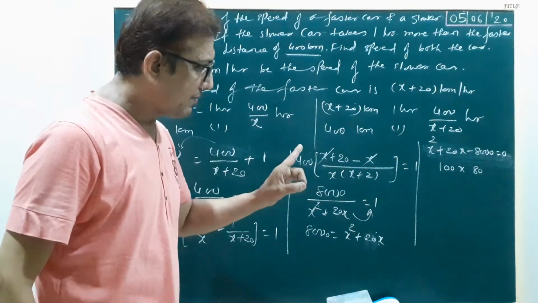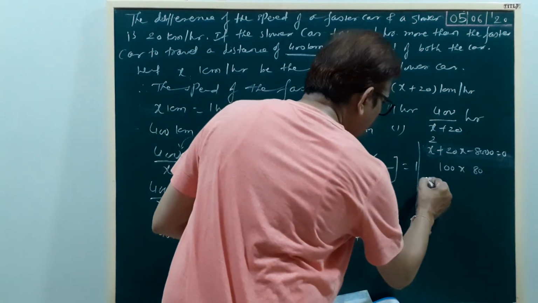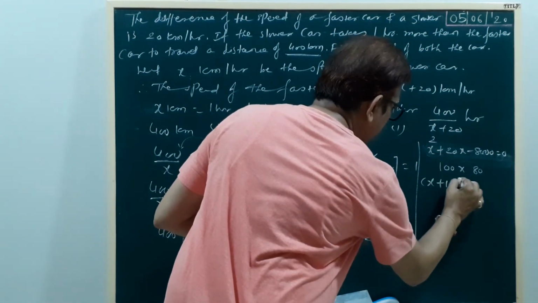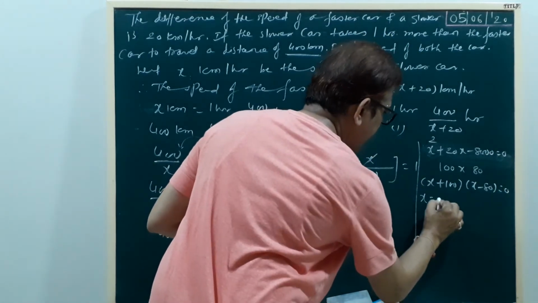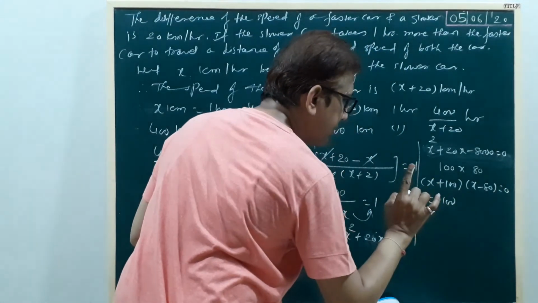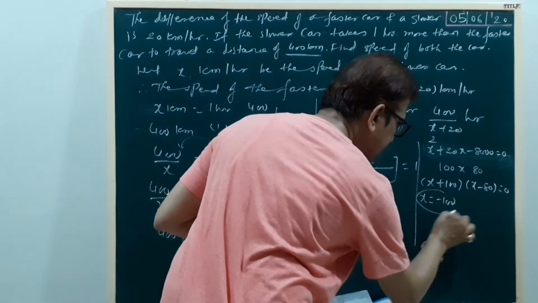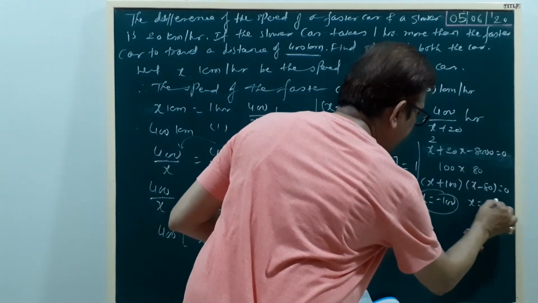Is that clear? Then x plus 100 and x minus 80 equal to 0. So x equal to minus 100 kilometer, not possible as your answer, and x equal to 80.